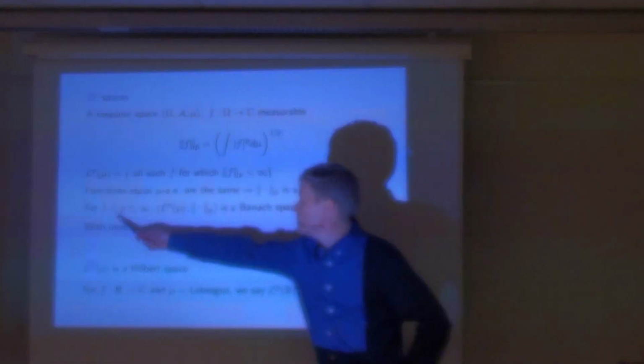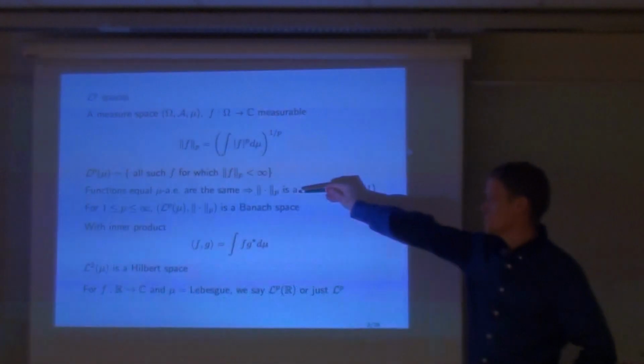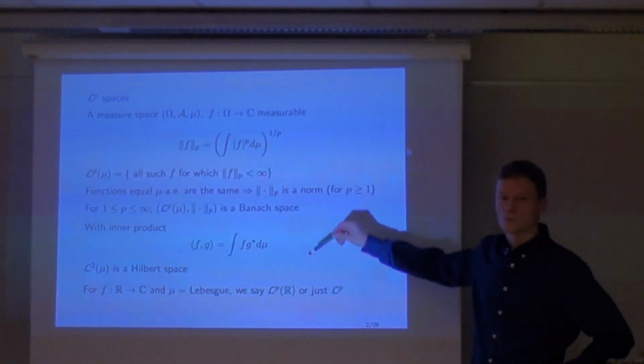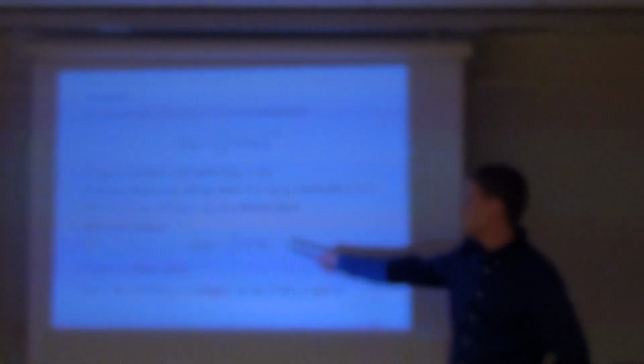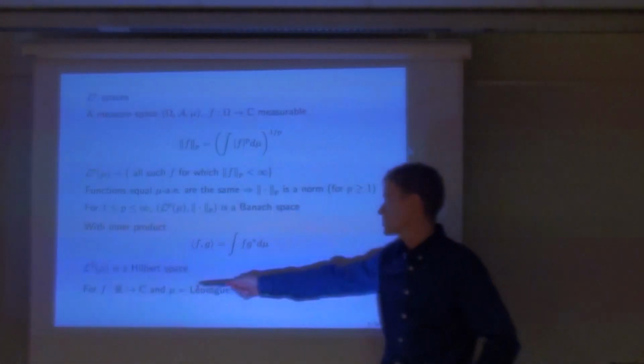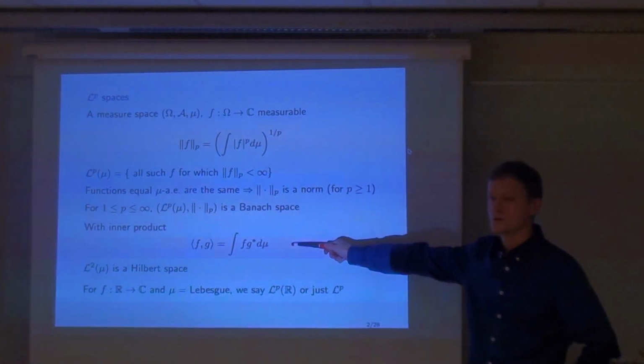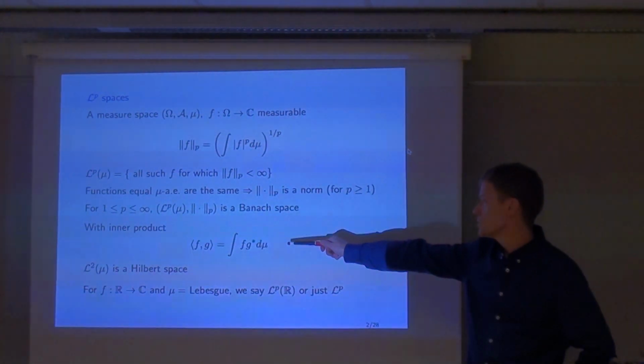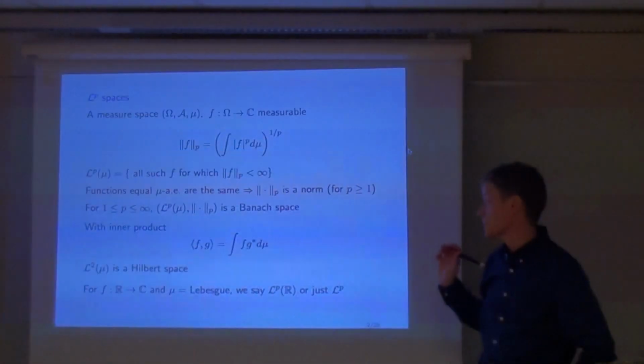And for p greater than or equal to 1, this is a Banach space with this norm, so it's a complete normed space. You can define different inner products, but the one you know is for L2 when this is the inner product. And with this norm, this is a Hilbert space.